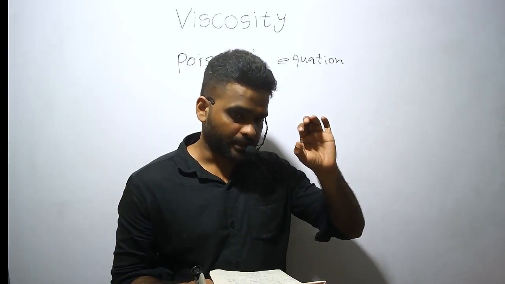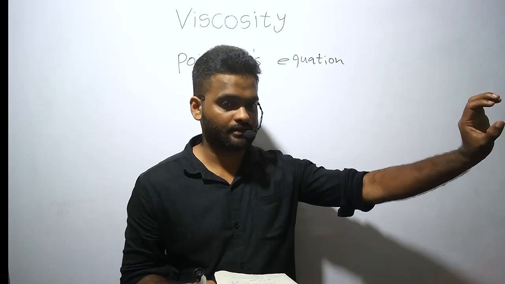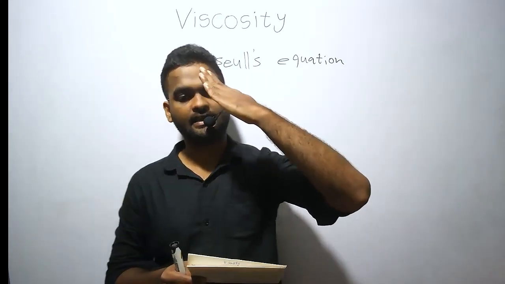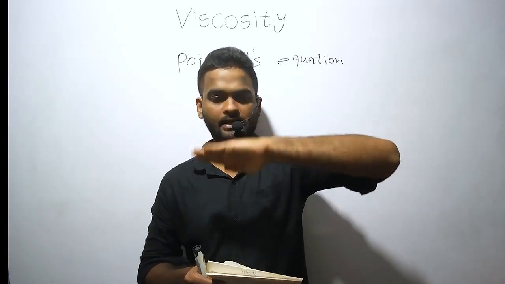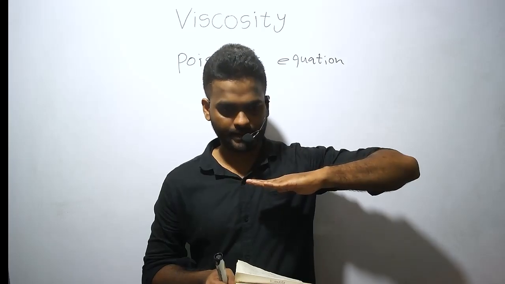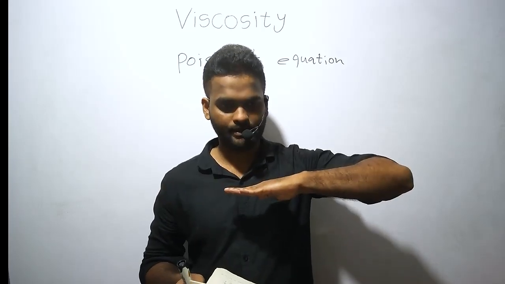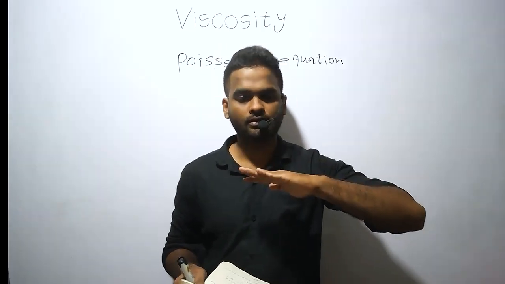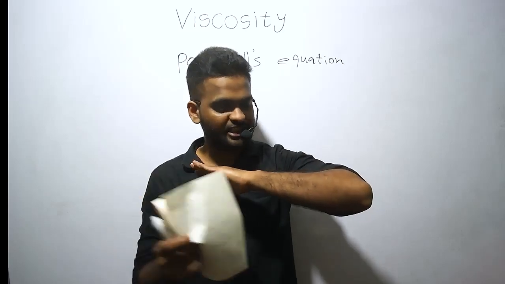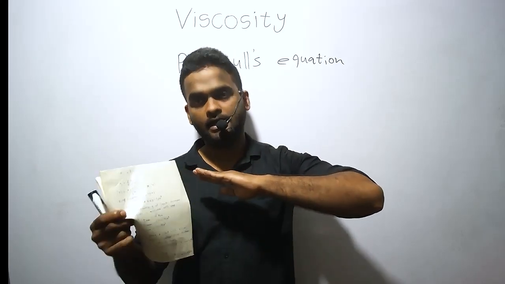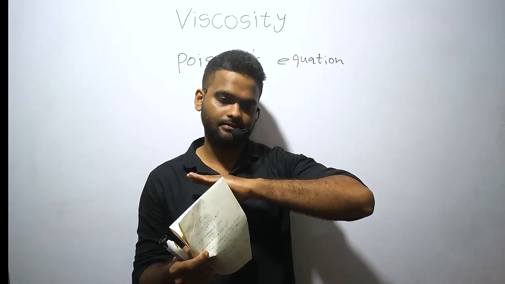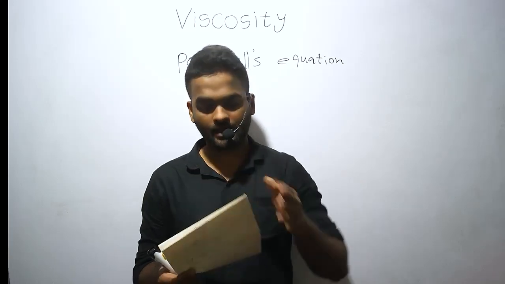And these pipes must be horizontal, right? If the pipes are inclined, you cannot apply. Those should be horizontal in order to apply this equation. And also, you cannot have a turbulent flow inside the pipe. The flow should be steady and streamlined. Okay?